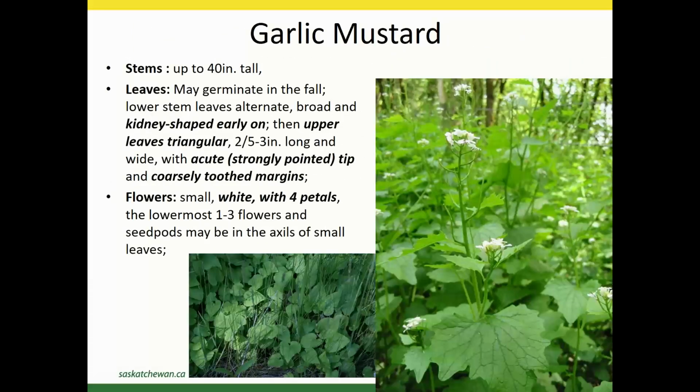This plant here, garlic mustard, we don't have any record of it in Saskatchewan yet. Where we have heard of it being is in the Edmonton area. So it's around, but not necessarily in the province yet. What is it?